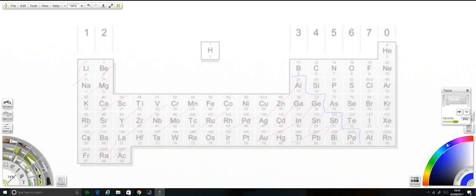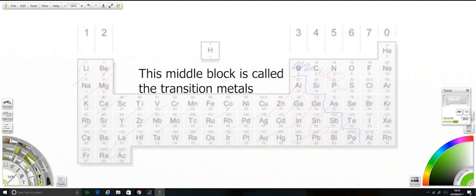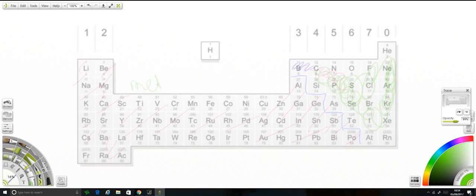Anything on the right hand side of the stepped line, all of this stuff, let me change that color, let's go for a green, all of this stuff here is non-metals. Everything on this side are metals, and anything on this side are non-metals. Okay, so that's the first thing you need to be aware of.